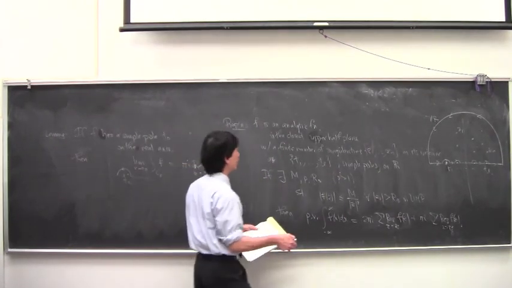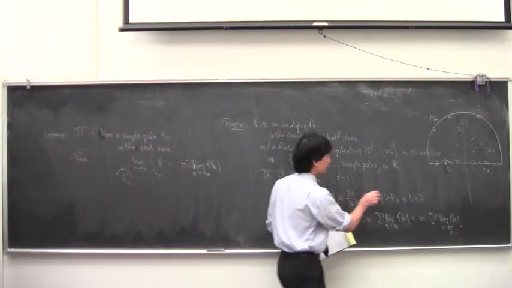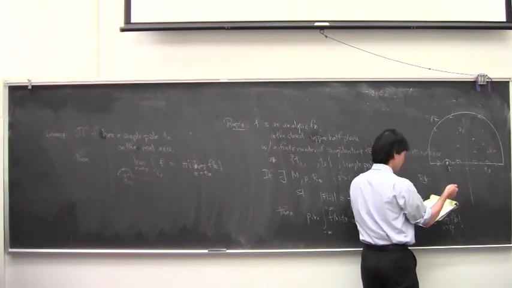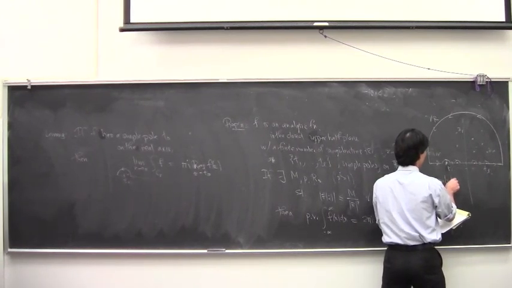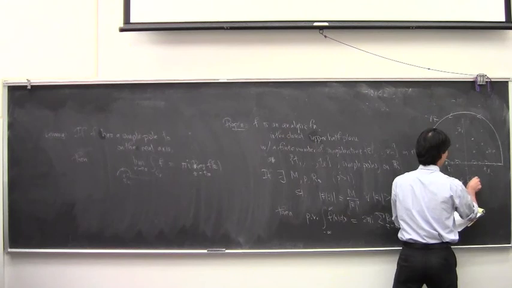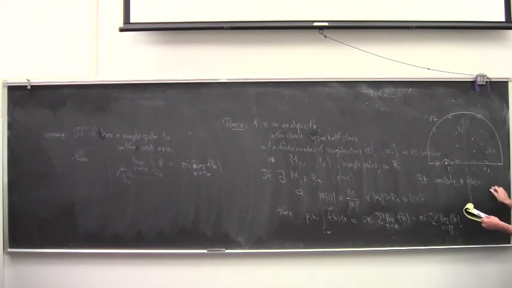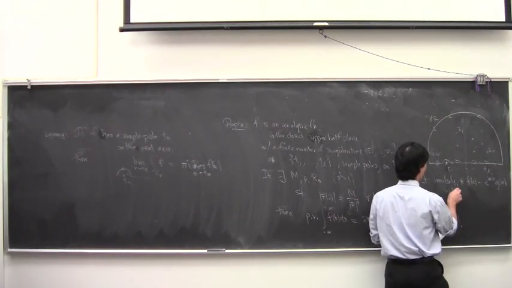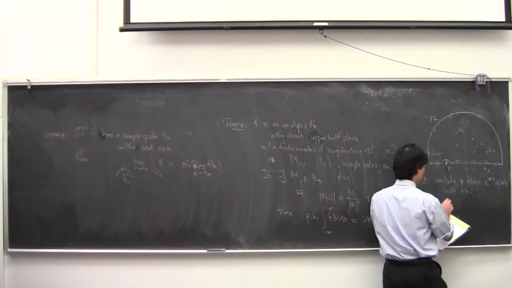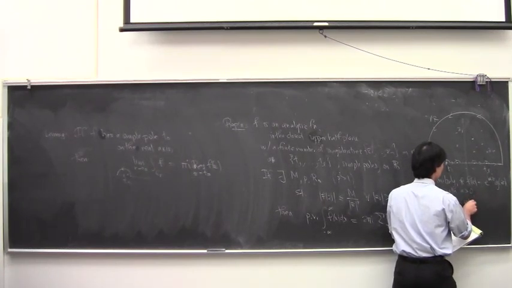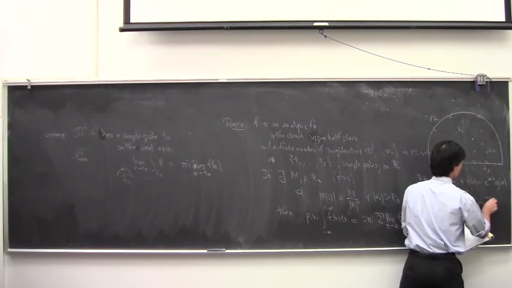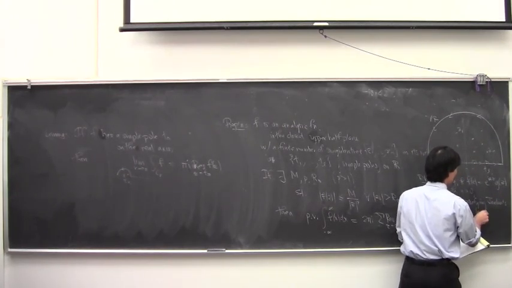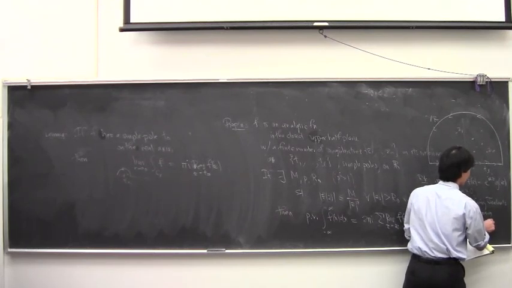Okay, and I should say that I don't remember if I said this last time, but similarly, if f is one of these, e to the i a z times g of z, right? One of these Fourier transform type integrals, with a greater than 0, and g of z satisfying Jordan's lemma, then the same result holds.